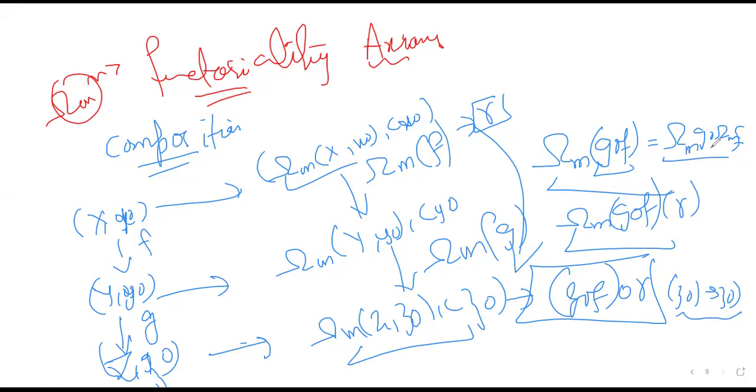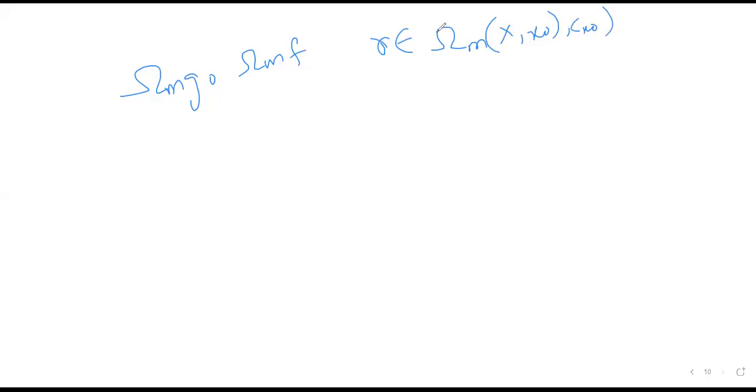Let's do it for the right hand side: Ω^m of g composed with Ω^m of f. Let's say gamma is a path that belongs to this graph Ω^m(X, x0), c_x0. Okay, this is a graph. What type of graph?